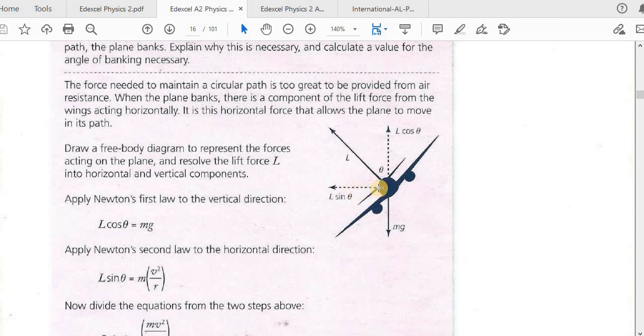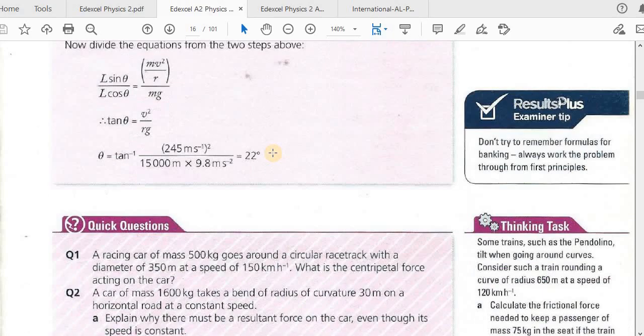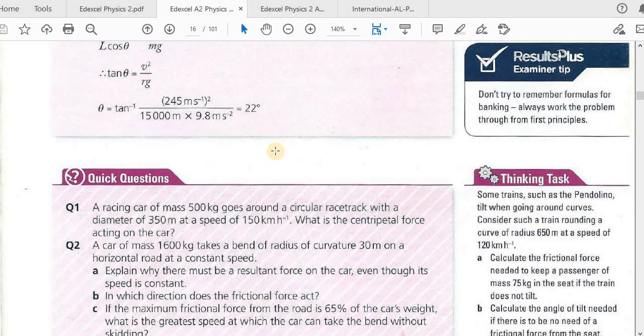So L sine theta will be the component this way. So what balances the weight is the L cosine theta. L cosine theta equals the weight. L sine theta is the centripetal force. So this aeroplane is moving in a circular path like that. So it goes like this, goes like that, and then comes back. So you have to figure things out like this, which is the centripetal force.